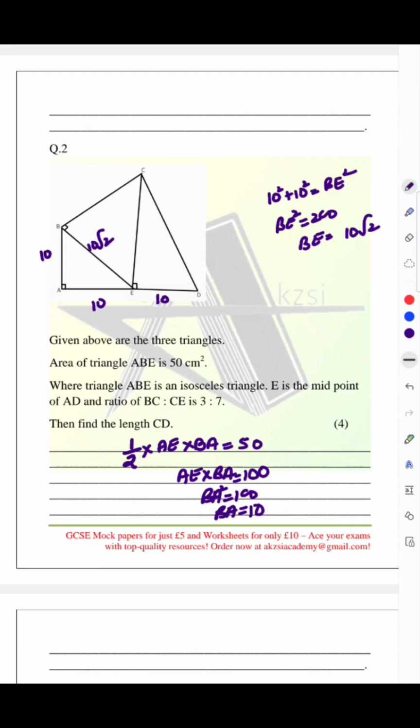Now, it says BC to CE is 3:7. That means if BC is 3x, then CE would be 7x. This is a right triangle, so again I can apply Pythagoras: 3x whole squared plus 10 root 2 whole squared is equal to 7x squared. In this triangle, I have applied Pythagoras, where CE is the hypotenuse.